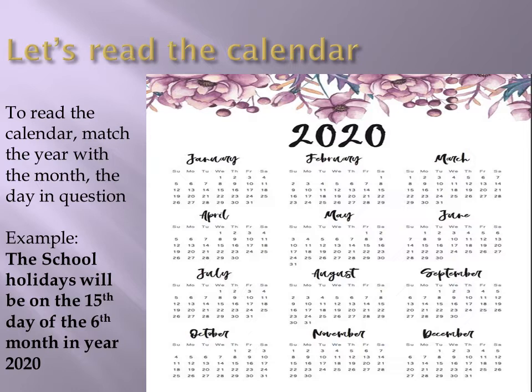To read the calendar, match the year. That's the current year or the year in question with the month and the day in question. For example, if I had to refer to something that happened in the first term, I would not say 2020.